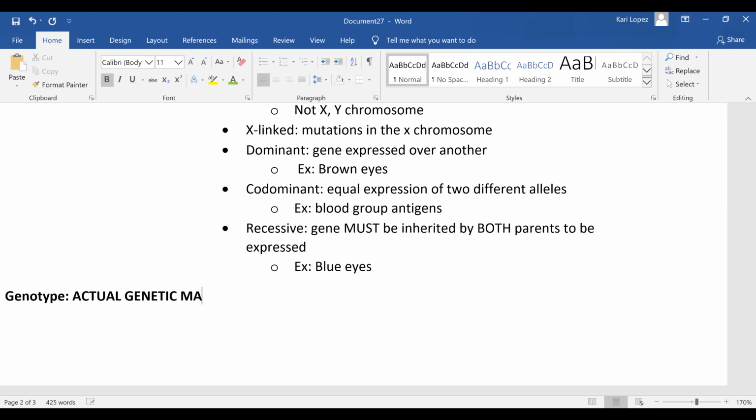And then you need at least one affected parent. So one parent has to be affected if you get a dominant gene. Children have a 50% chance of being affected.